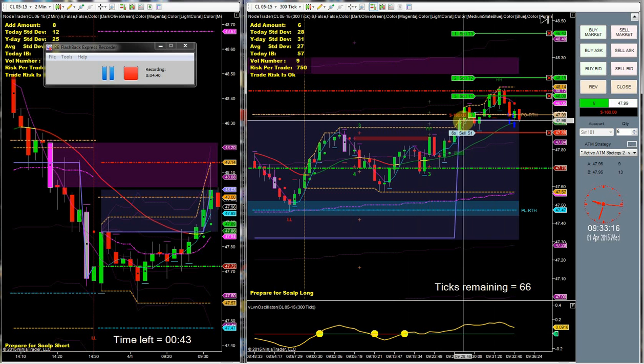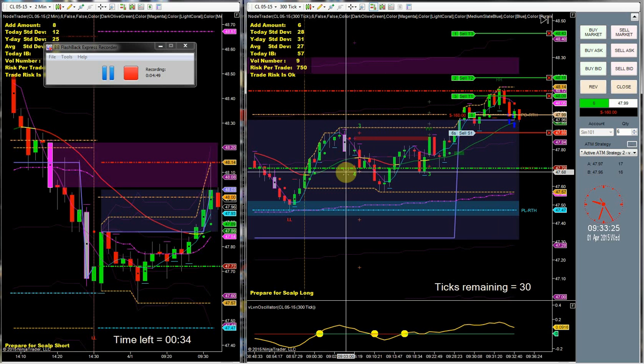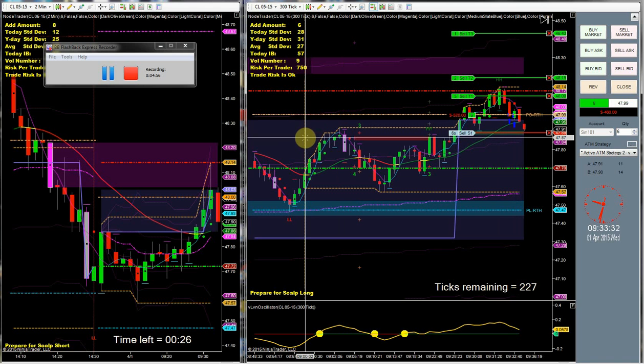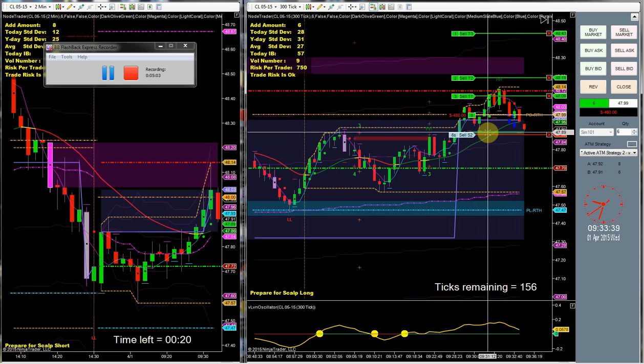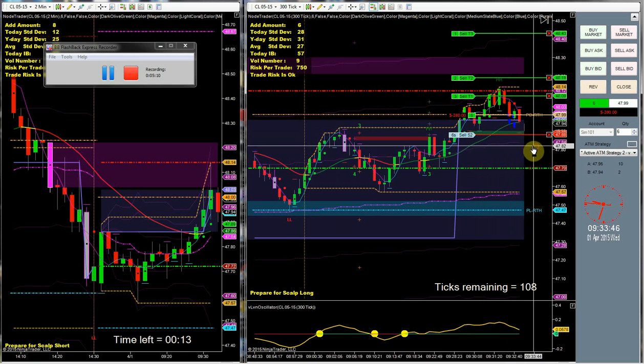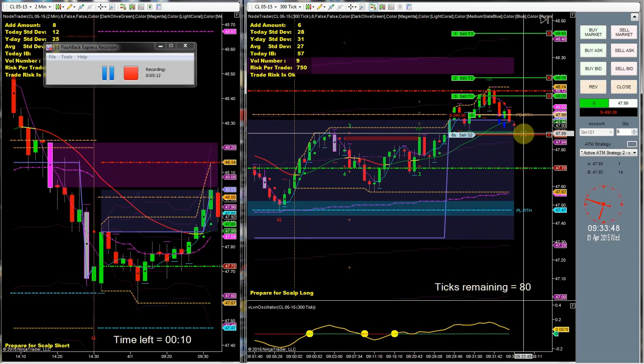Our high volume node moved up to this level, so hopefully that'll act as support. Alright, market came right down here to this low volume node, and this should act as support for us, hopefully. If not, we'll be taken out with a little bit more of a push down.